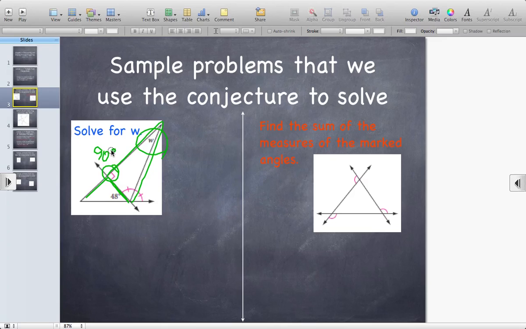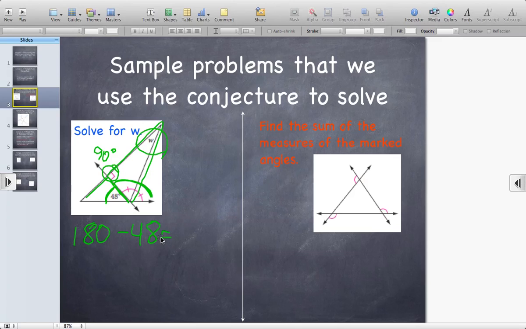So that's already one angle of the three that I needed to know. And using a conjecture we worked on from chapter 2, the linear pair conjecture, this 48-degree angle plus this large angle here is equal to 180 degrees. So let's figure out what the large angle is.